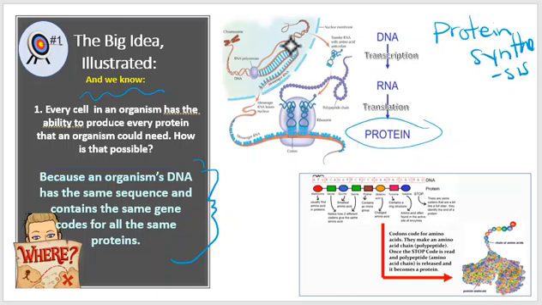So DNA in the nucleus is copied, a single strand called mRNA is produced, and that leaves the nucleus. The mRNA travels to the ribosome, which is another form of RNA, but it's an organelle that's freely floating in the cell.